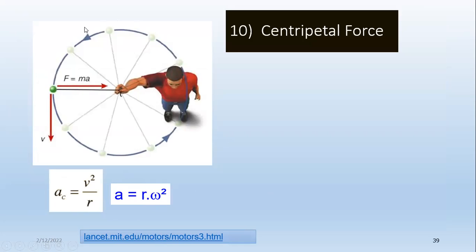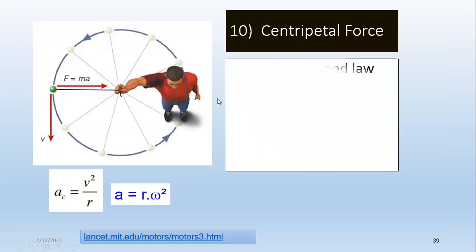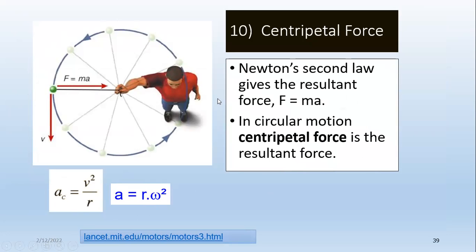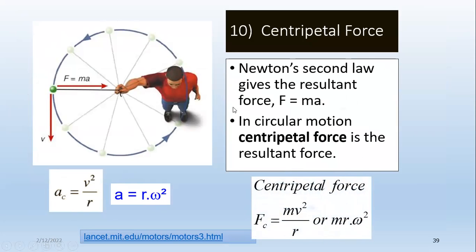A person is swinging this heavy object on a string in a horizontal circle. We are just using Newton's second law: acceleration times mass, that's all. So I'll get our centripetal force equation.